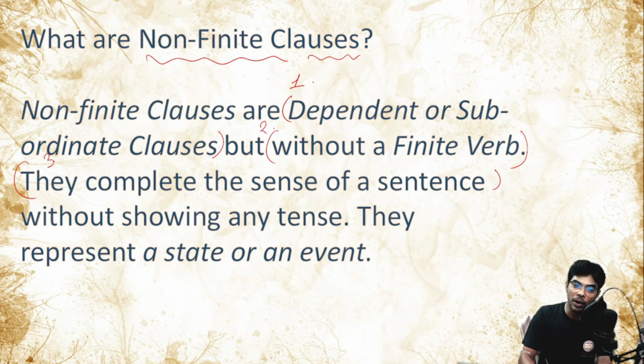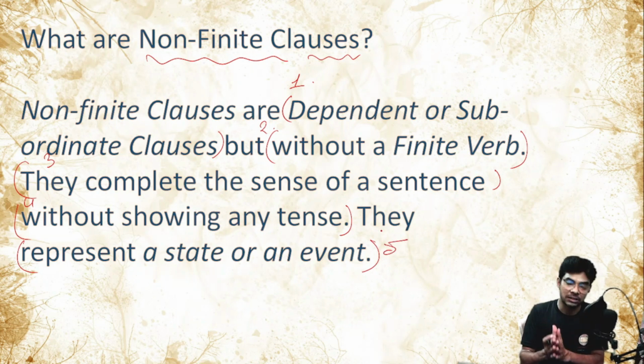And the fourth point is without showing any tense. And there's obviously a fifth point, that they represent a state or an event. So I have gathered five different characteristics for a non-finite clause. You may write it down. They are dependent or subordinate clauses. We have found it out.